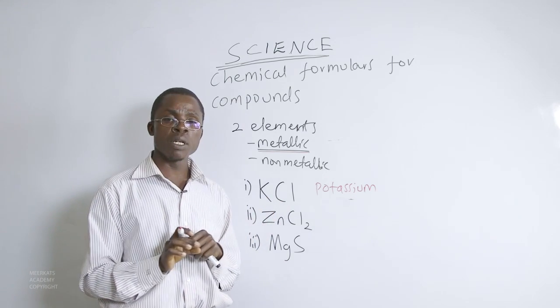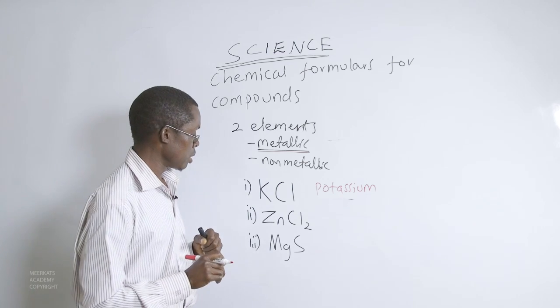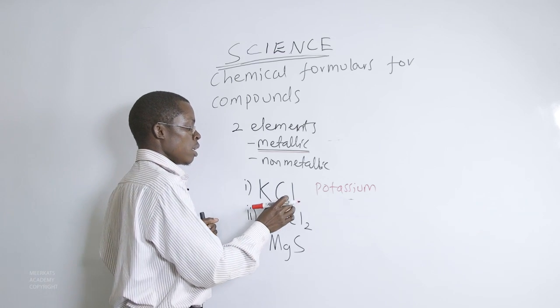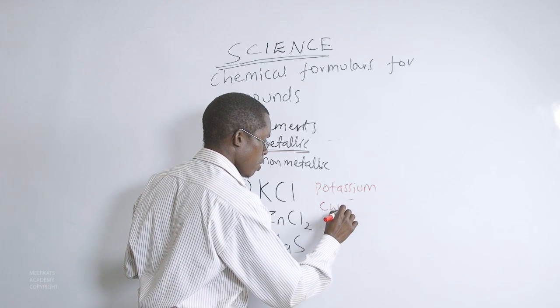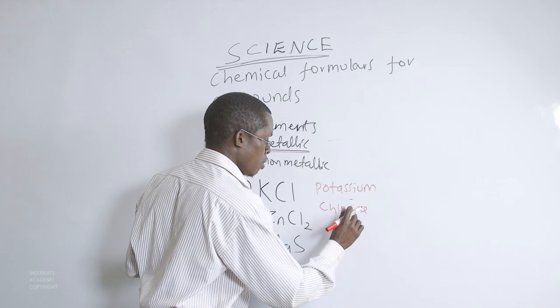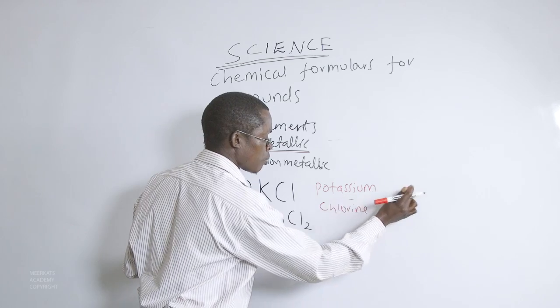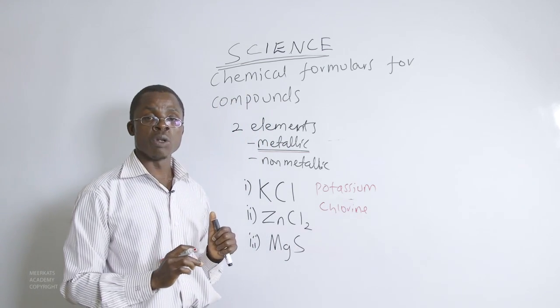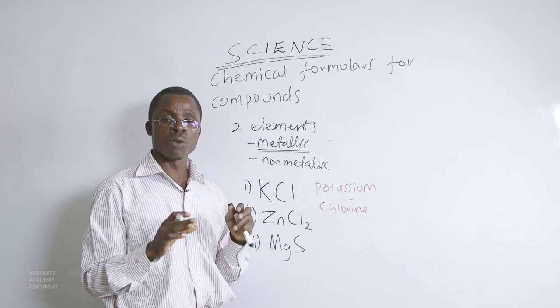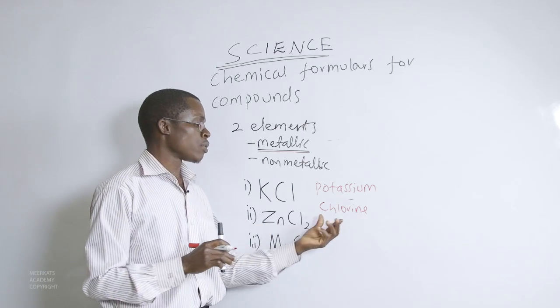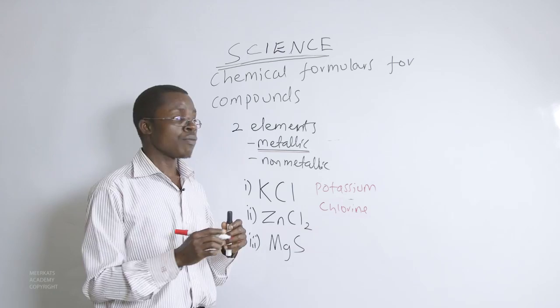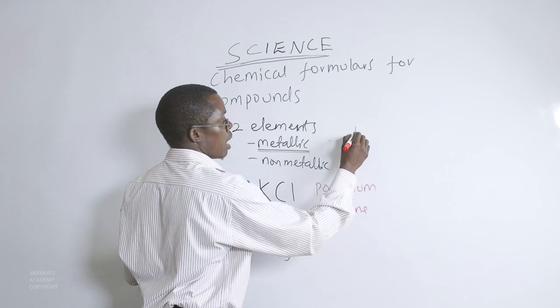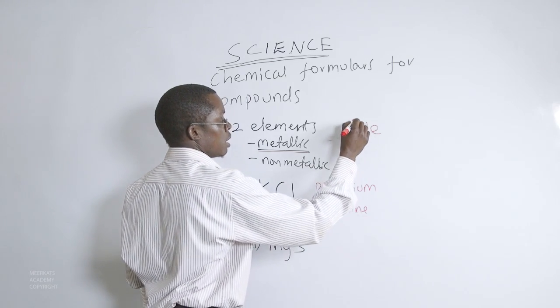The second element is chlorine. Do we write chlorine in full at this point? The answer is no. The rule says take part of the name, then you fill in with a suffix, IDE.